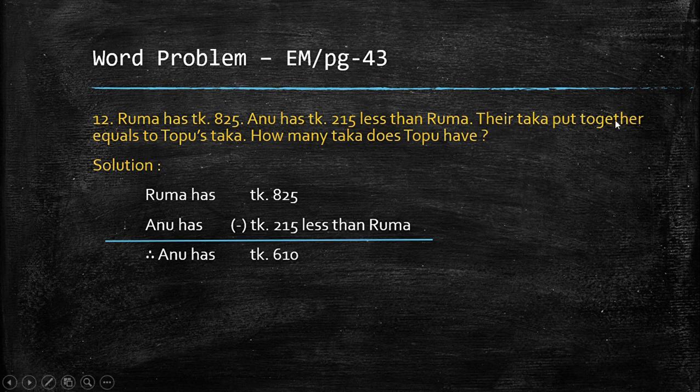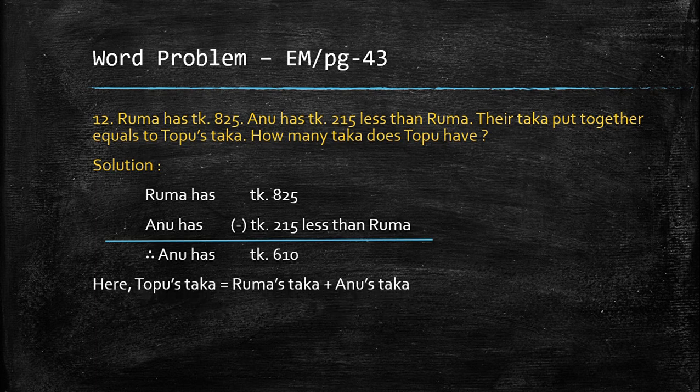Now let's read the question again. Their taka put together equals Topu's taka. That means the addition of Ruma's taka and Onu's taka will make Topu's taka, right? So how can we write this? We can write it this way. Here, Topu's taka is Ruma's taka plus Onu's taka.